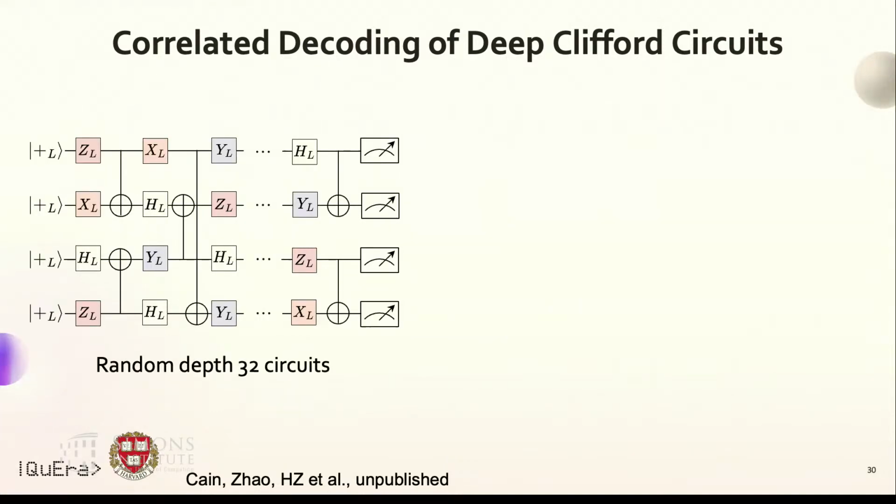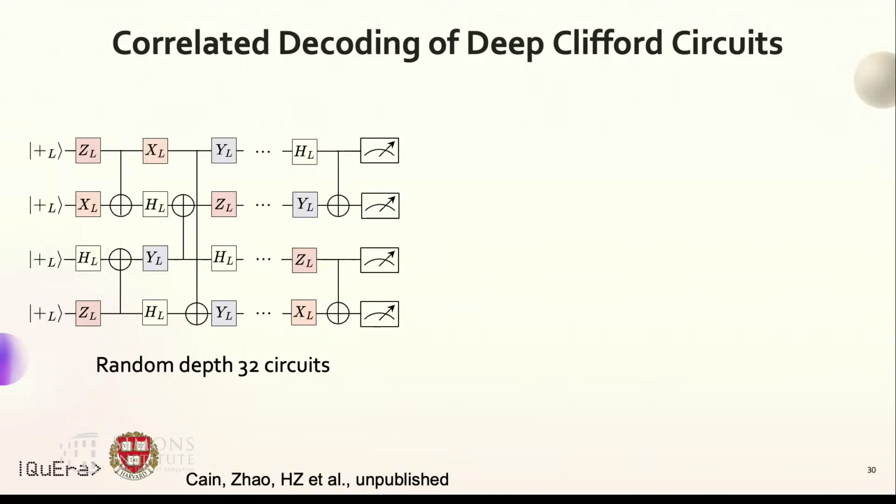What we can also do now is look a little bit deeper. So what we can also look at now is deeper circuits. Here we have 4 logical qubits and depth 32. What we're doing is one round of operations followed by some undetermined rounds of syndrome extraction that we vary.